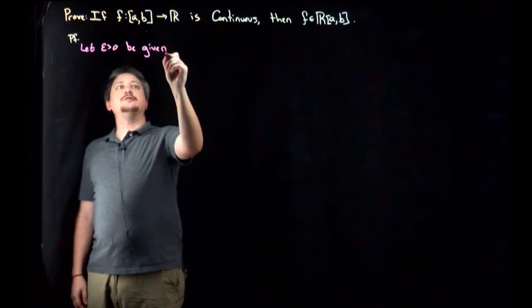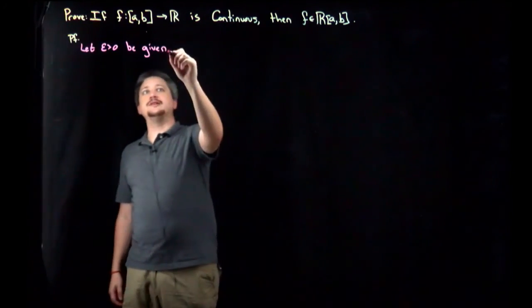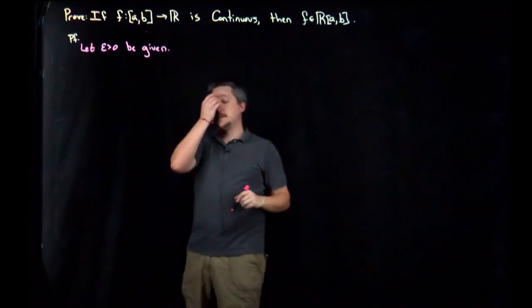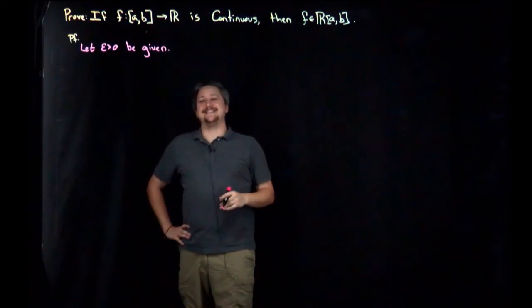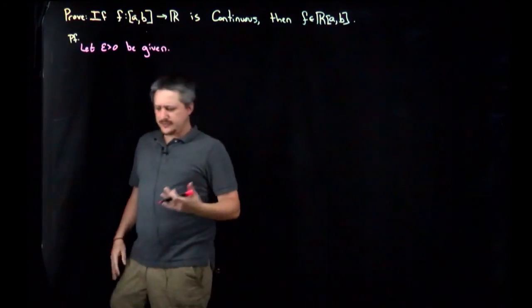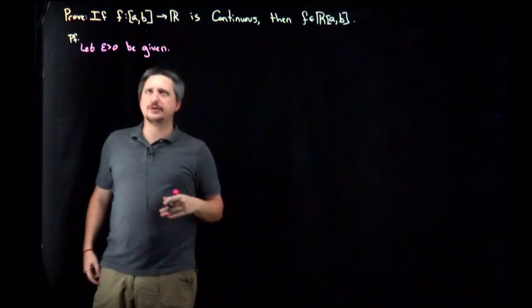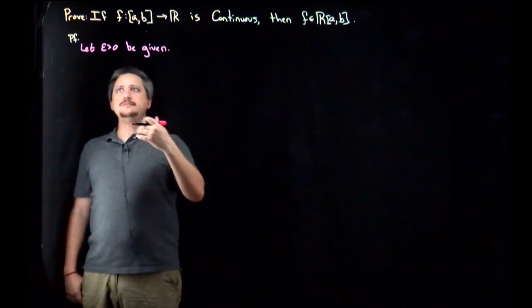And as if that wasn't a tip off, we're going to be doing an epsilon delta argument type thing here. So the first thing after that I'm going to do is I'm going to recall something. So this is from previous semester.